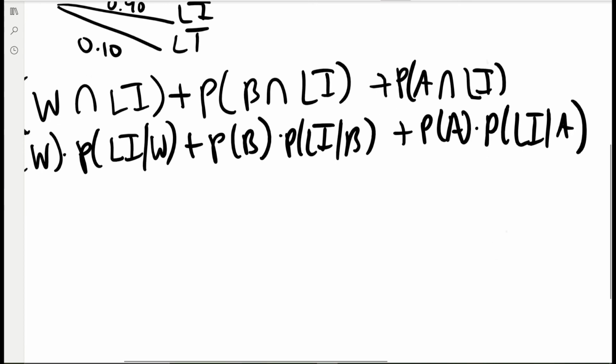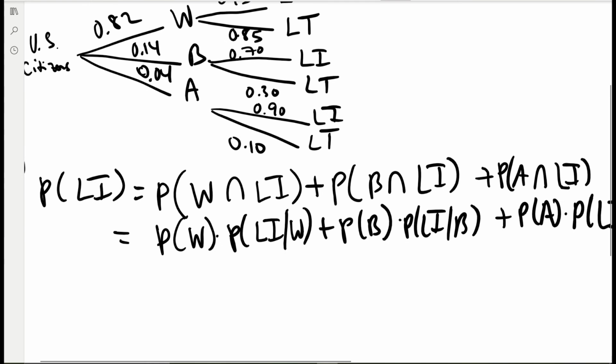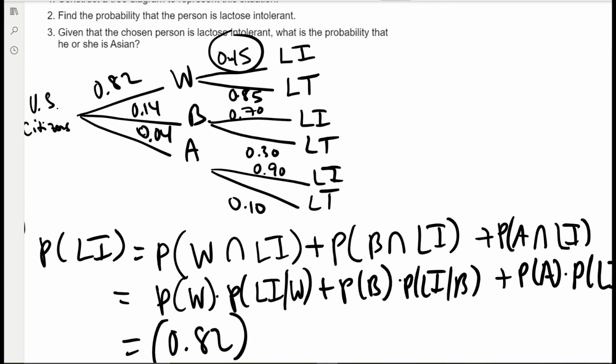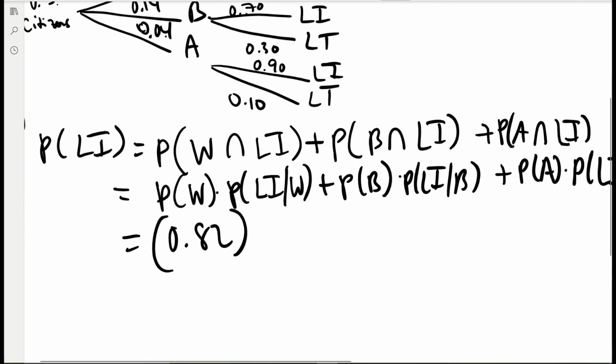So we got a bunch of probabilities to multiply, so we're going to use a tree diagram for this. The probability of W is 82%, so 0.82. The probability of Li given W is 0.15 right there. We're just traveling along the tree diagram. And then the next one's going to be 0.14, 0.70, and then 0.04, 0.90.